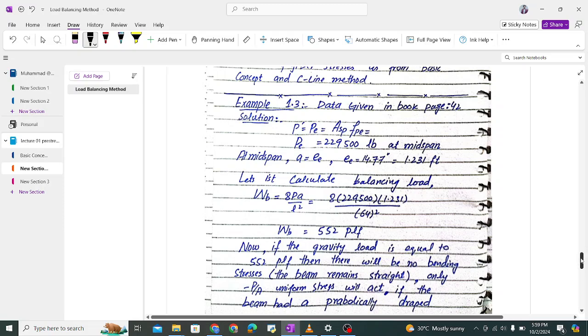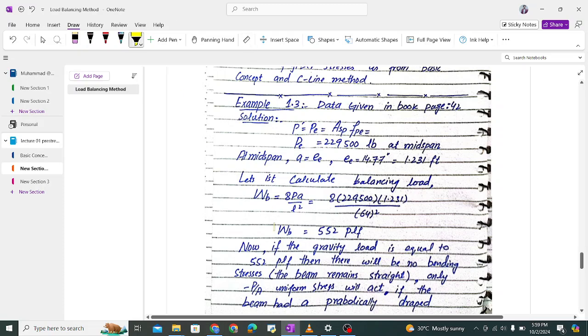We have to use the eccentricity at mid-span as A. In the diagrams, you clearly see that A is the midspan eccentricity. So first of all, we have to calculate the balancing load. The balancing load equation is 8PA divided by L square. We have P, we have A, and we have L. So we put the values in the equation and we get the balancing load WB.